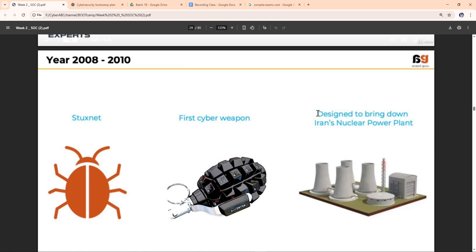Yes, to bring down Iran's nuclear power plant. You can imagine that target, the first cyber weapon that was developed. Now you see why countries see cybercrime as a national offense. They treat it very high because they know what it can do. They don't even joke with it.